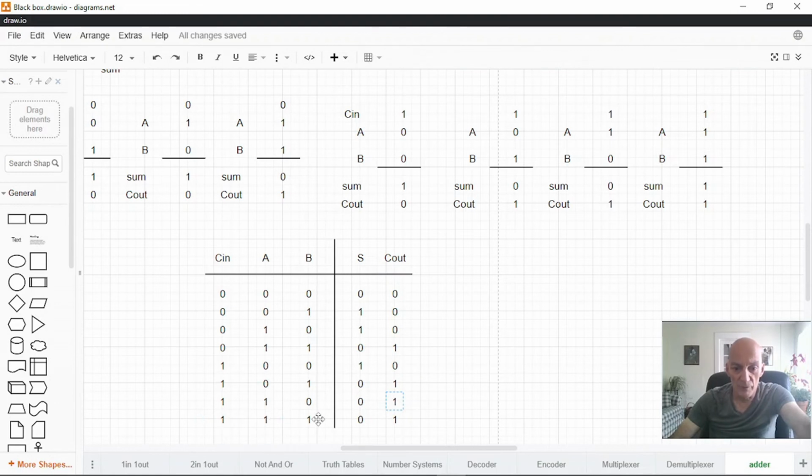And then 1 plus 1 plus 1 is 3, so carry 1 and we have 1 left.